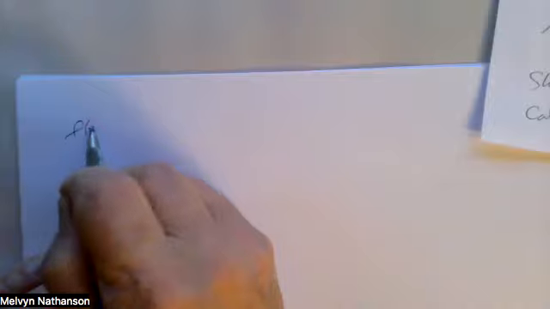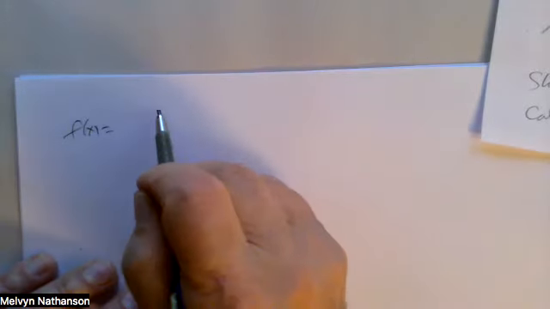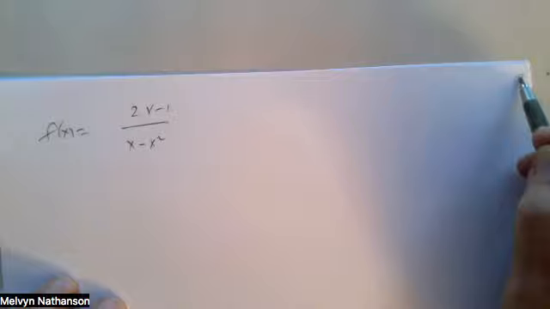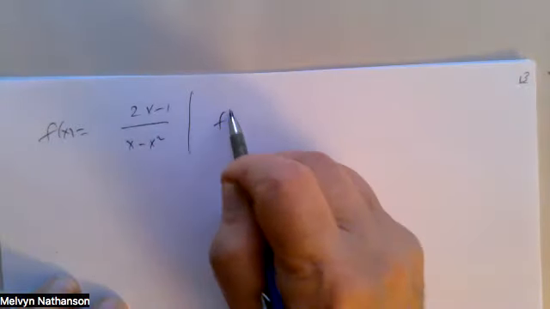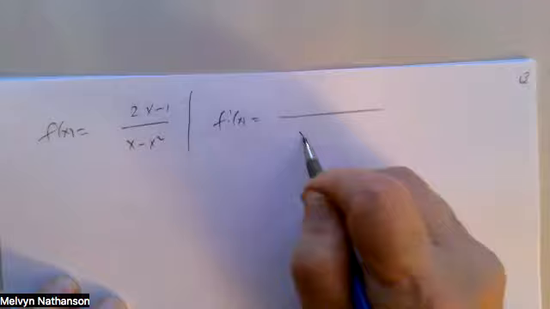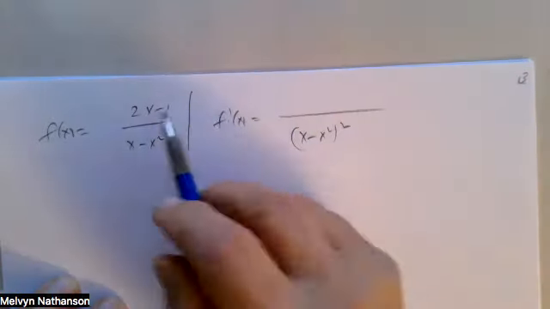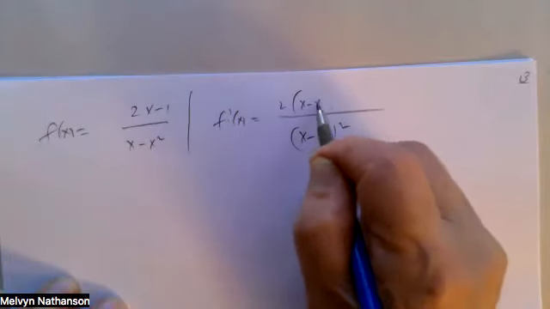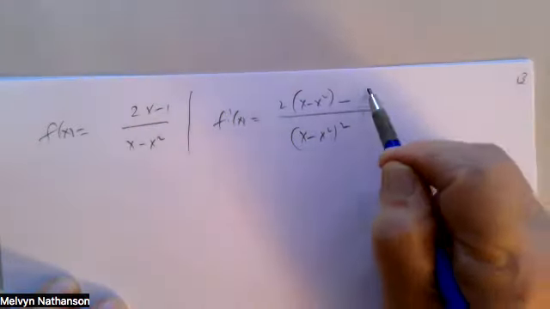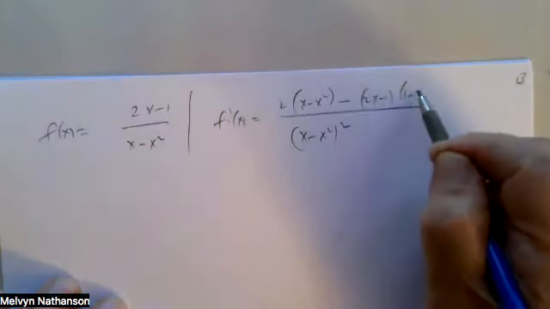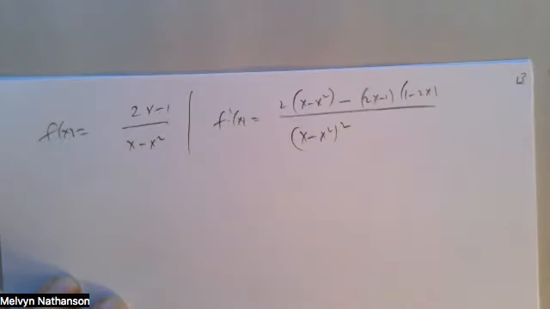Let's see. We have f of x equals 2x minus 1 over x minus x squared. You all know calculus, so by the quotient rule, f prime of x is the denominator squared, it's the derivative of the numerator, which is 2, times the denominator, minus the numerator times the derivative of the denominator, which is 1 minus 2x.